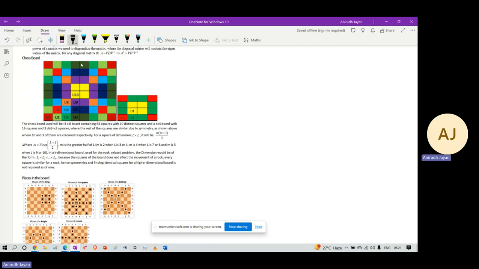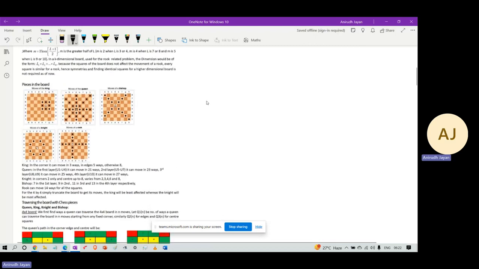A square has 4 lines of symmetry, 2 across the diagonals and 2 cutting both sides. So it makes 10 distinct squares in the chessboard. Now this will be important later on.